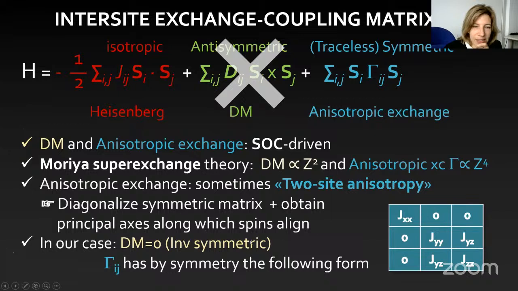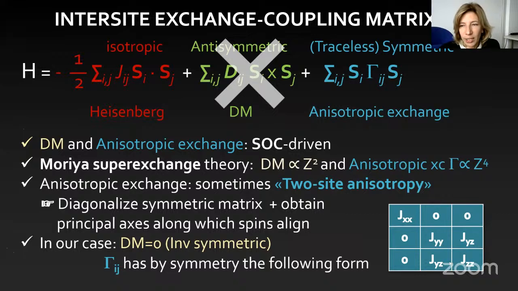Okay, so from the symmetry point of view, there are Moriya rules, which give a prescription on the direction of the D vector and on the existence of the D vector in any kind of space group and crystal with certain symmetries. In our case, we have crystallographic inversion symmetry in our material, which forbids Dzyaloshinskii-Moriya.